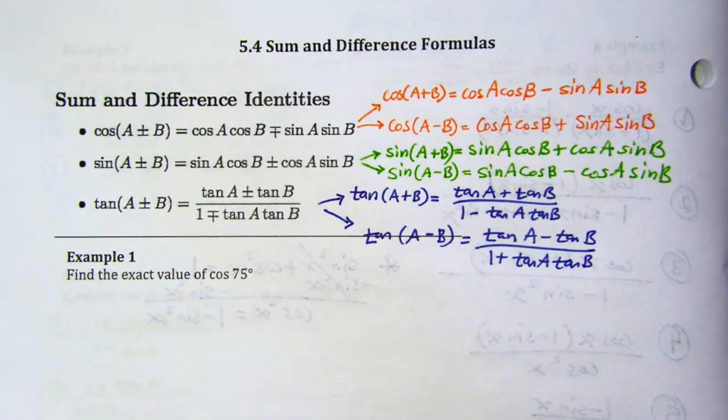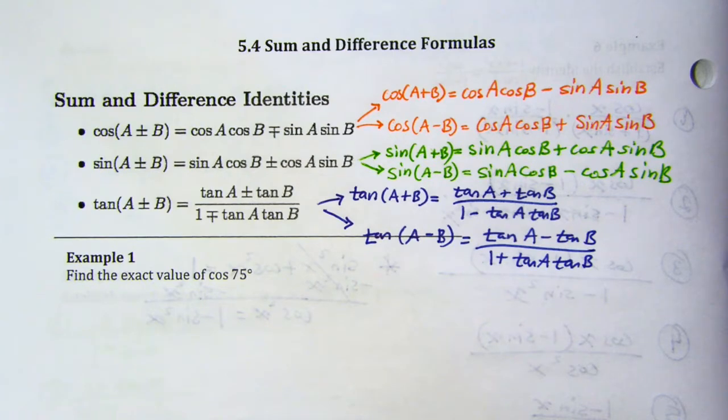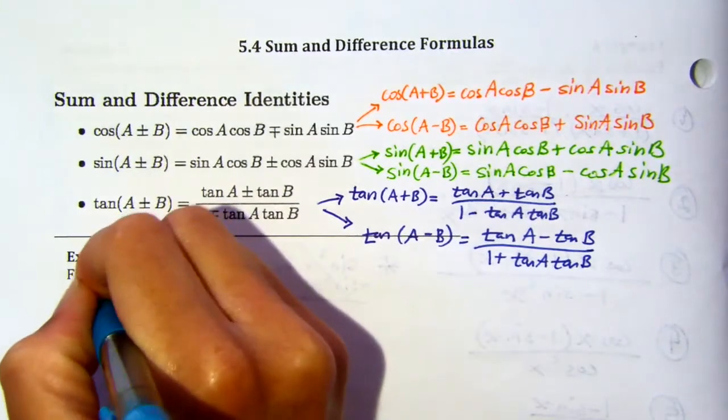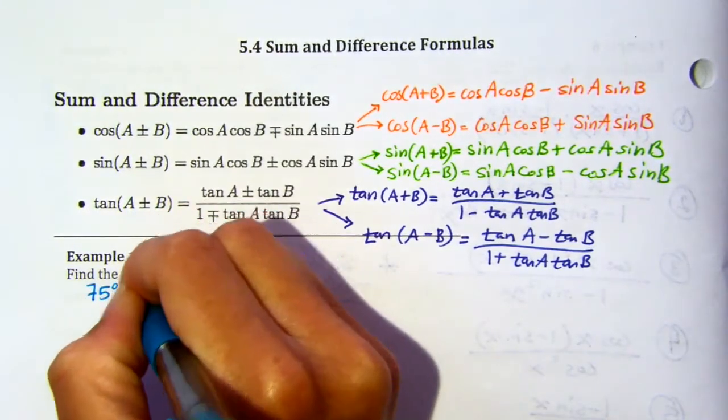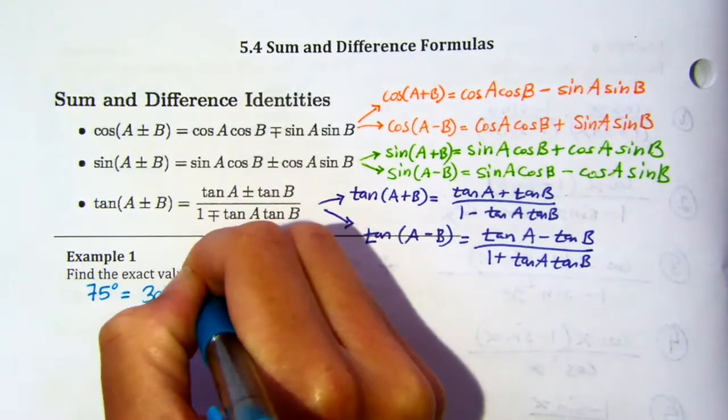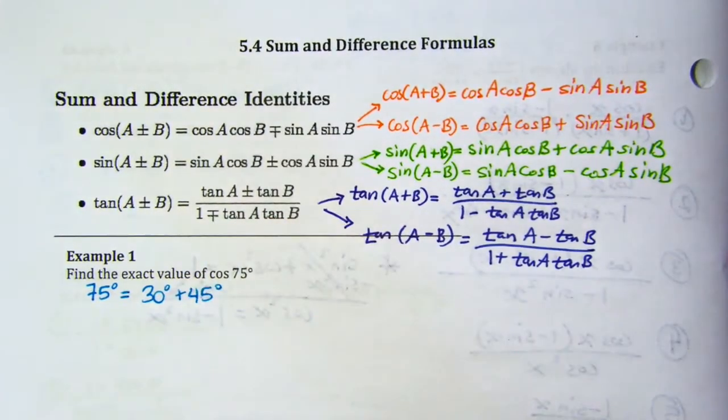Let's move into an example. Example 1 says to find the exact value of the cosine of 75 degrees. 75 degrees is not one that we have been able to find an exact value for in previous lessons. However, 75 degrees is the sum of 30 degrees and 45 degrees, since 30 plus 45 gives us 75.